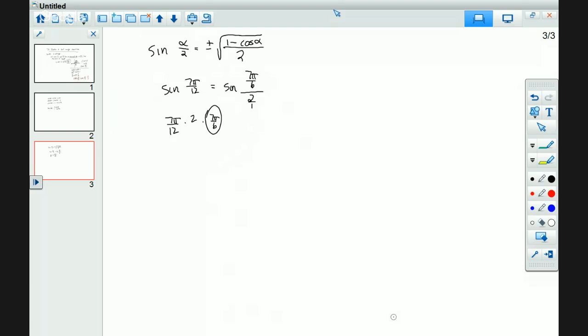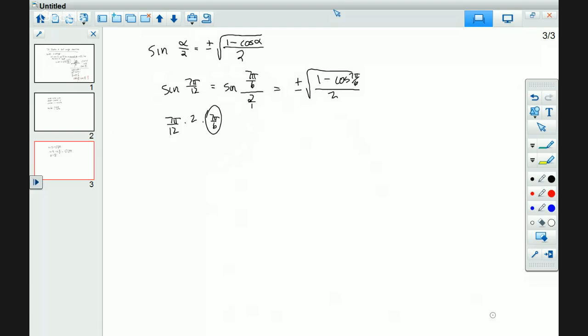So these half angle identities make these a little more simple in that it is positive or negative the square root of 1 minus cosine 7 pi over 6, over 2. We know this off the unit circle, on most normal days, not today, right? Anybody?